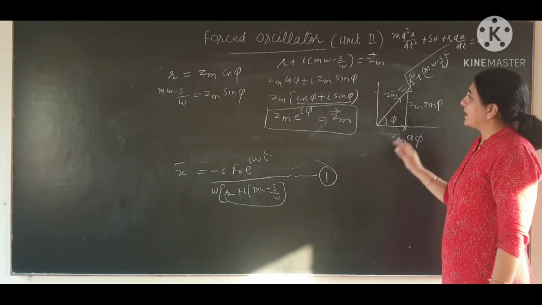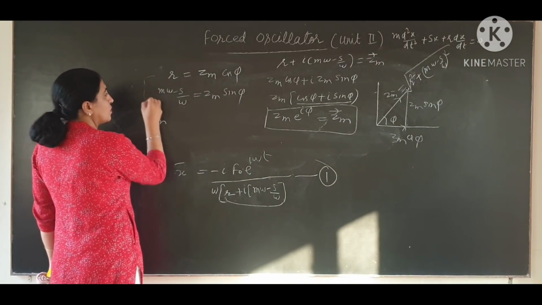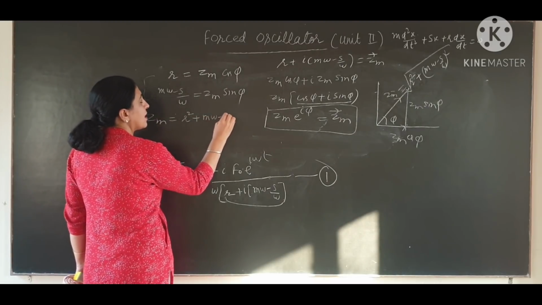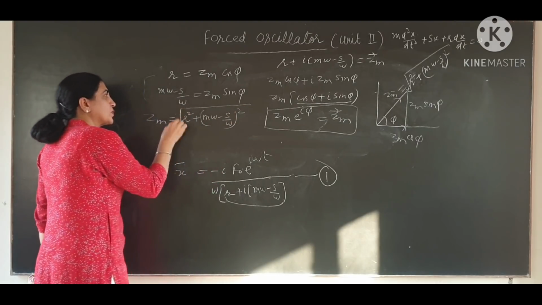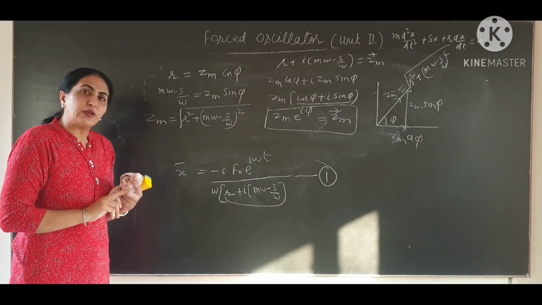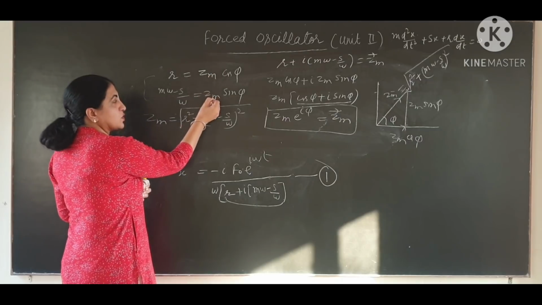The magnitude of Zm, you can square and add these two, so Zm is equal to the square root of r square plus m omega minus s over omega square. And if you want to find the value of phi, you can find it by dividing these two equations.